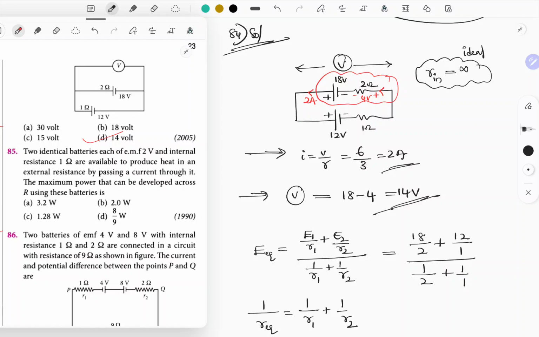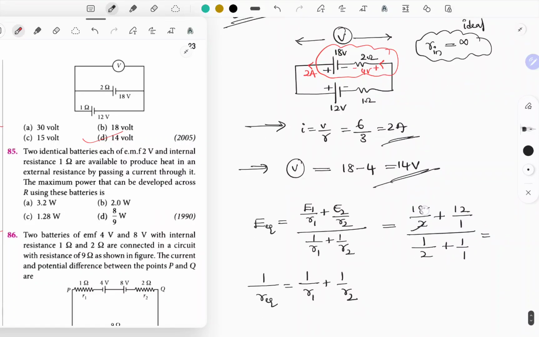R2 is 1 here. So it's going to be 9 plus 12, 21, divided by 1 by 2 plus 1, which is 3 by 2. So 3 7s, and it is going to be 14 volts.